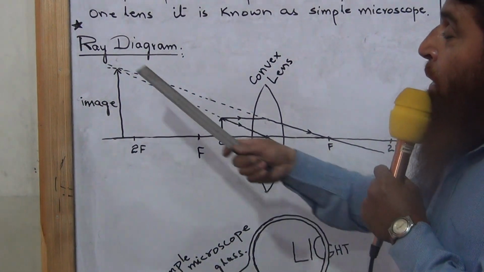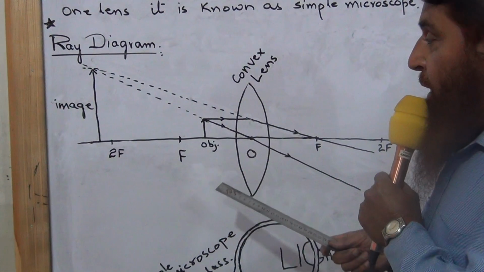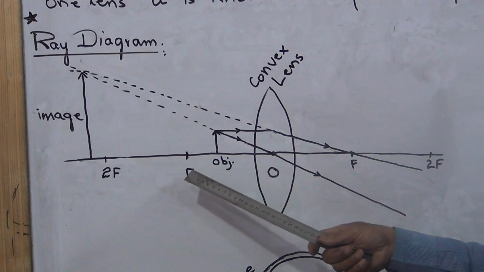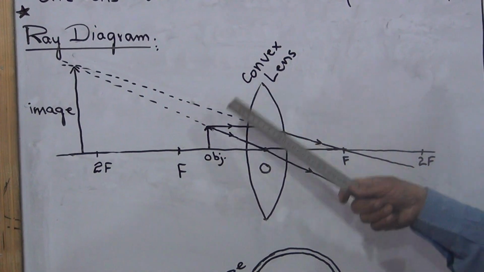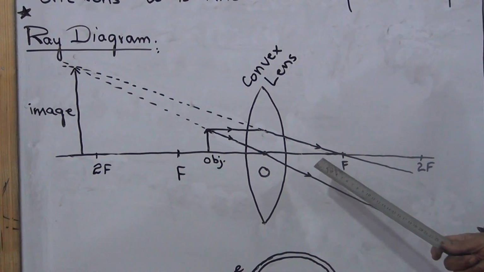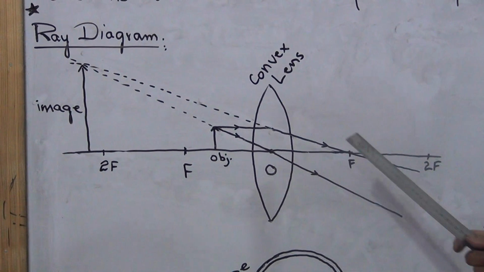Next, how the image is formed, you also know that this is the sixth case of the convex lens, when you are drawing the images formed by a convex lens.